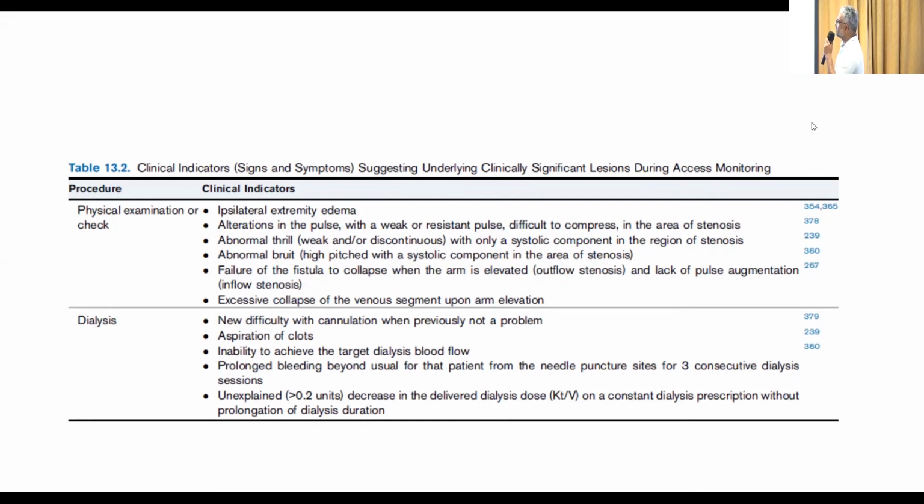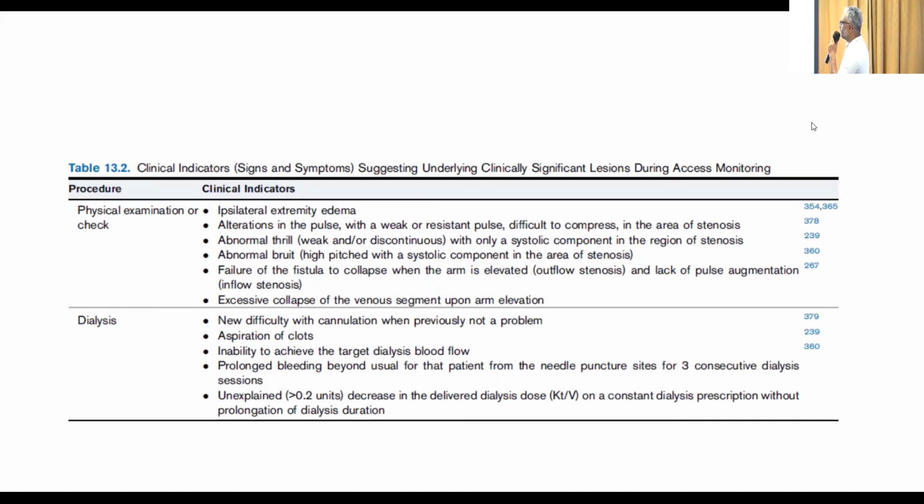Okay. And then during dialysis, new difficulty with cannulation when previously it wasn't a problem, there's something going on in this fistula, you need to do something. If you aspirate clots, not very uncommon, right? Inability to achieve the target dialysis flows, prolonged bleeding beyond usual. Again, this can be a sign of stenosis, and then unexplained decrease in delivered dialysis.